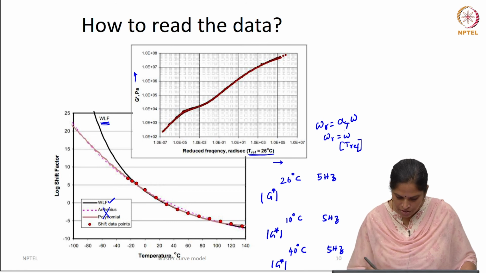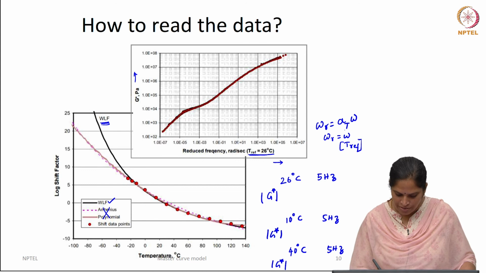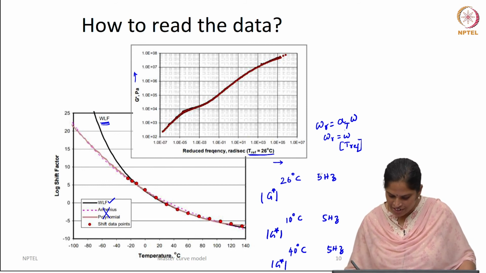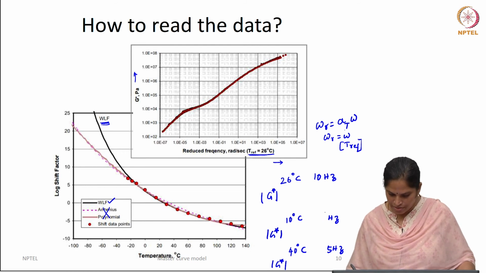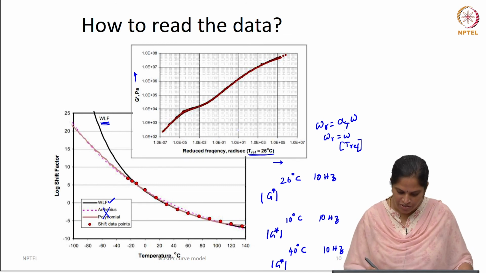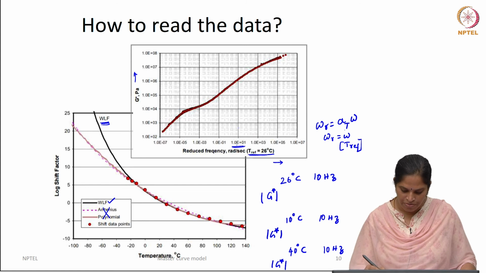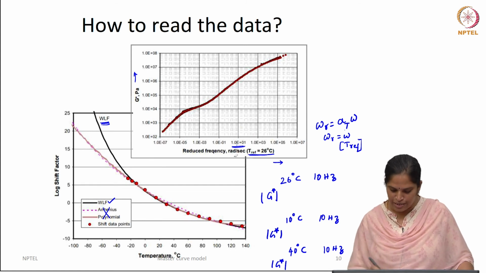So this is 1, this is 1, E minus 1, this is 10, again in the logarithmic scale. Let us take it for a frequency of 10, sorry, it is 10 radians per second.